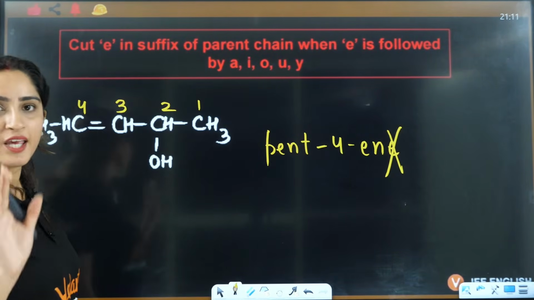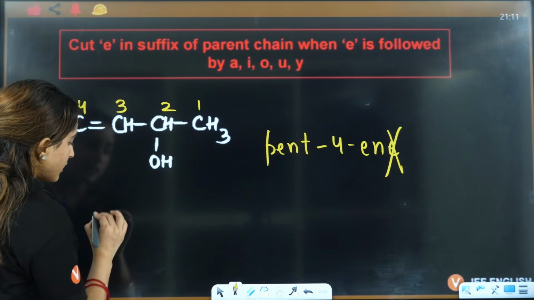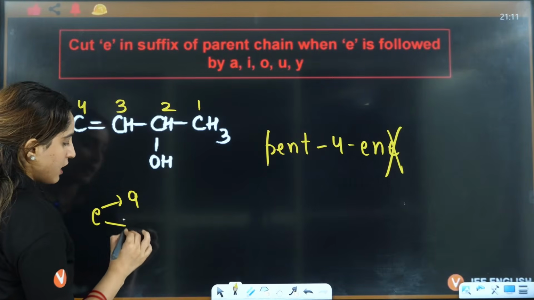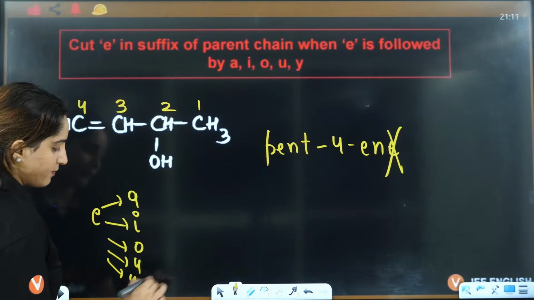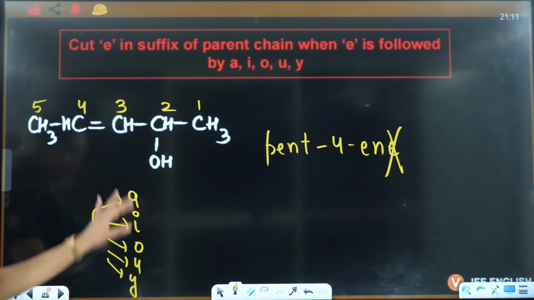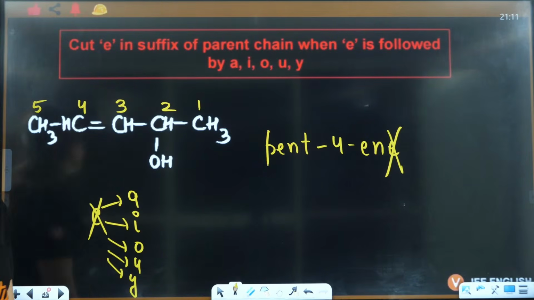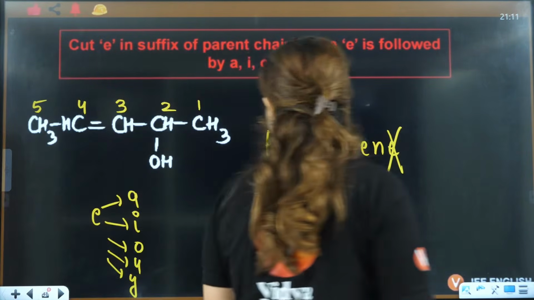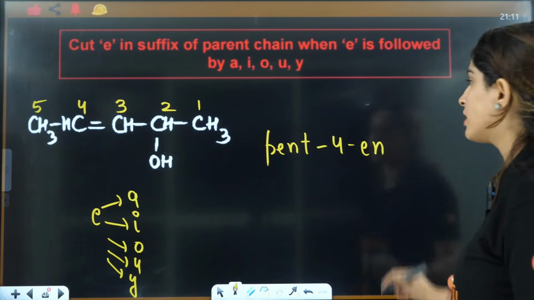So why is this E always cancelled? Because after E, if you have A, I, O, U or Y, these vowels and Y, then E will be cancelled. So E will be cancelled because after this you have ol.